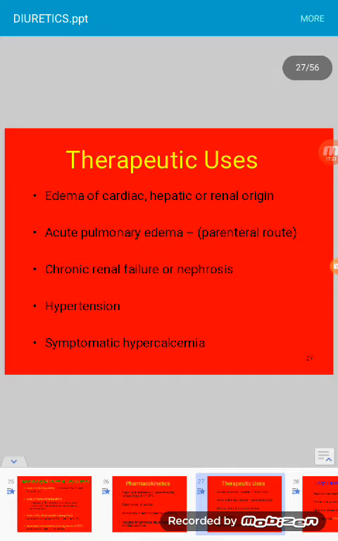In therapeutic uses: all the edema, cardiac edema, renal edema, hepatic edema, pitting edema, where there will be excessive collection of fluid in the third space. If we use this diuretic, it will lead to a decrease in the edema. Number two is acute pulmonary edema. As the name indicates, pulmo means lungs, accumulation of fluid in the lungs, where you can use the parenteral route and get a dramatic effect.